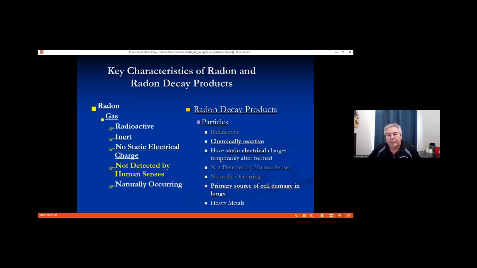And in the case of radon decay products, it's the primary source of cell damage in lungs. I'll explain that in the next upcoming slides. We call these RDPs heavy metals. So they're actually metals, particles.